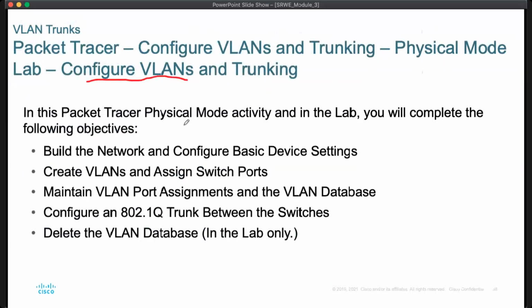In this activity the objectives are to build the network configuration, understand the design, and then create it. Assign switch ports and maintain VLAN assignments with the VLAN database, and configure an 802.1Q trunk between the switches. We do this in the lab. We need to know how to delete VLANs, configure them back, and reset the settings.